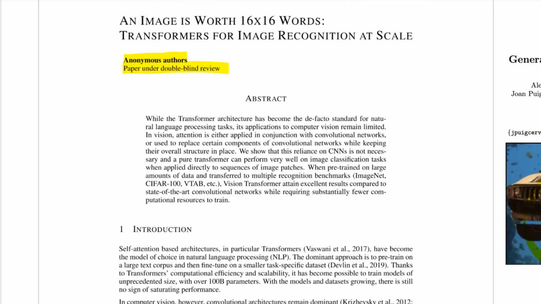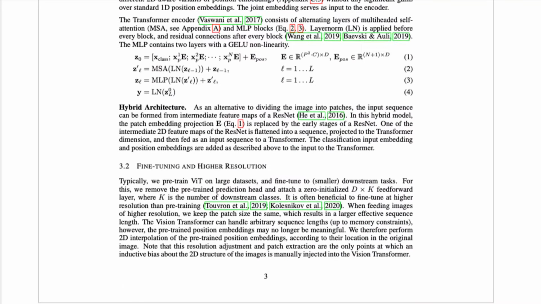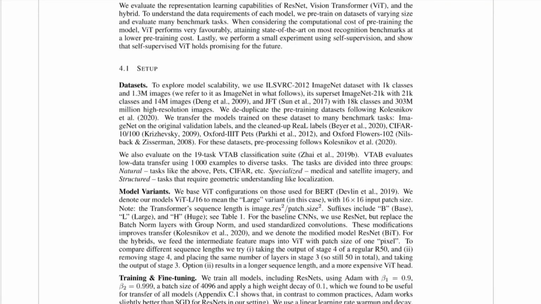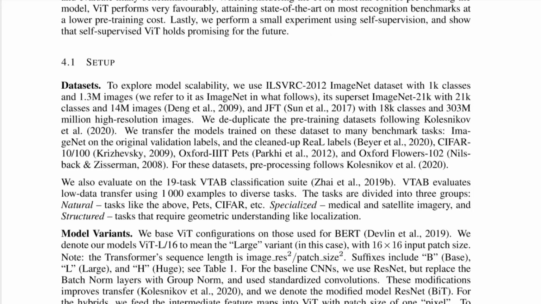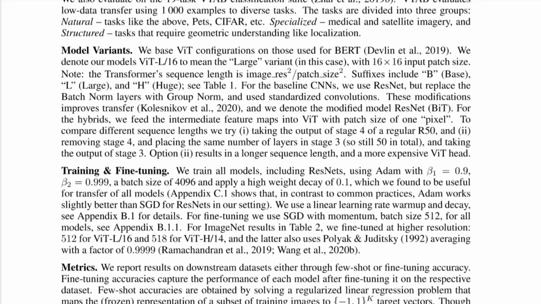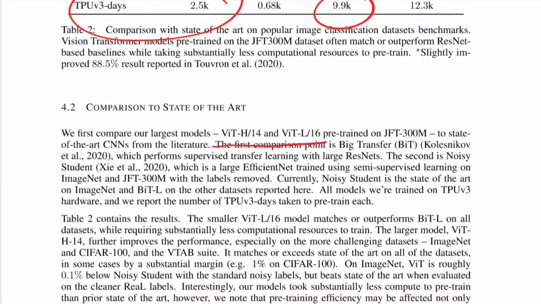What do you want to do? Standardize the plotting styles? Standardize everything? Standardize the citations? Come on. Here you go, when they compare against things, they say, oh, our first point of comparison is the randomly Big Transfer by these authors that we have no relation to, maybe or maybe not.